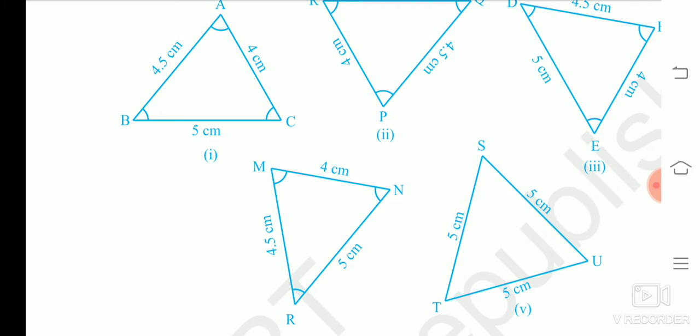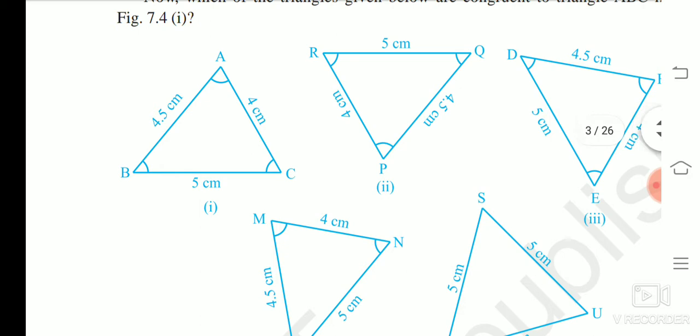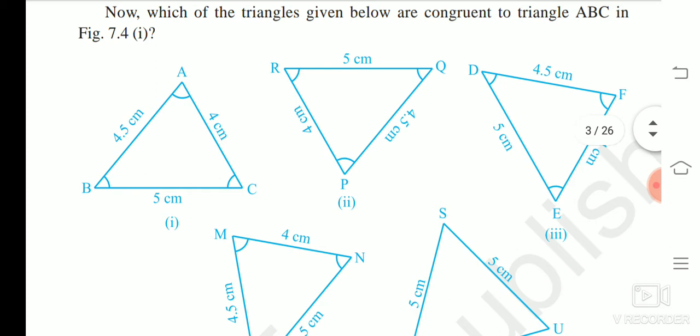After AB you have BC, that is after 4.5 the length 5. Like that, after 4.5 we need 5, so we need to start from P: PQ, then QR, then 4.5, 5, next 4. Similarly, first 4.5, here 4.5, DF or FD, where are we going to start, D or F?